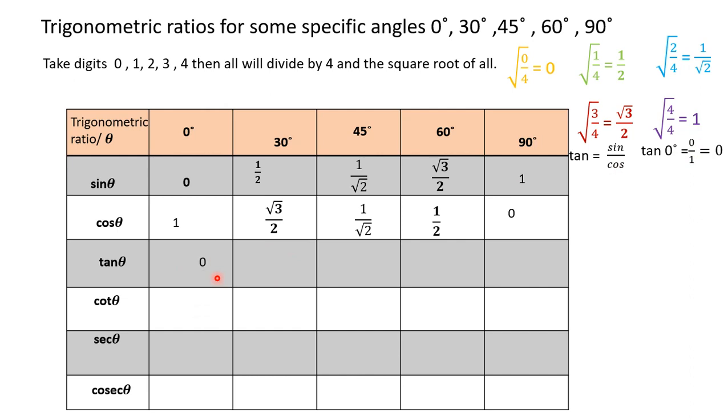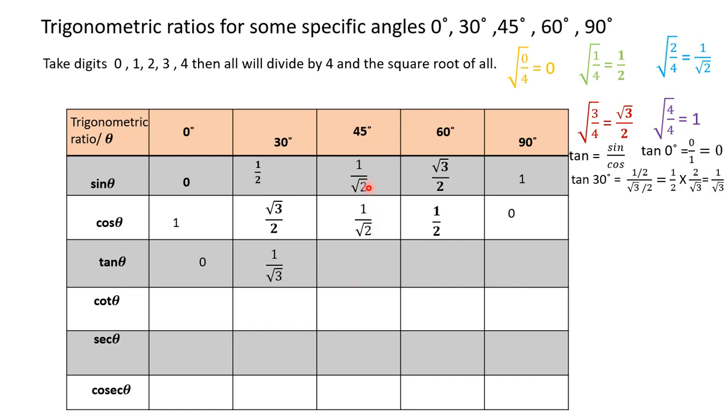So tan 0 degree is 0. Then tan 30 degree is sin 30 degree upon cos 30 degree, that is 1 by 2 upon root 3 by 2. It is equal to 1 by 2 into 2 by root 3, and the 2 and 2 cancel out. So it is equal to 1 by root 3, the value for tan 30 degree.